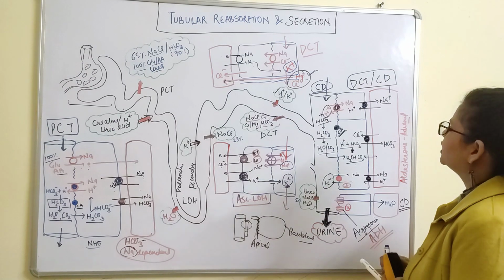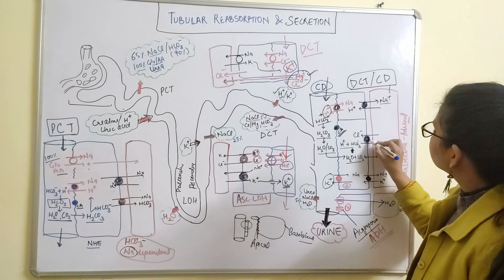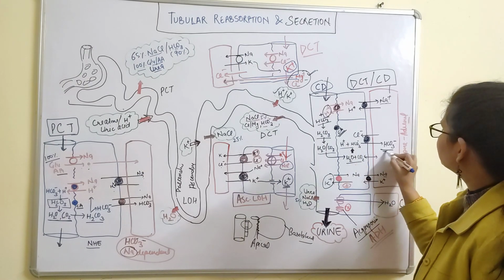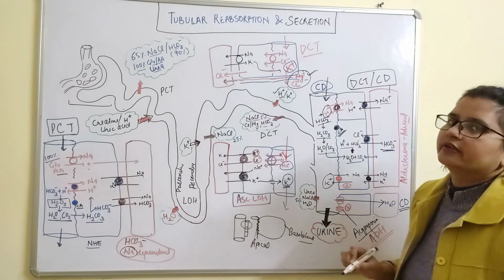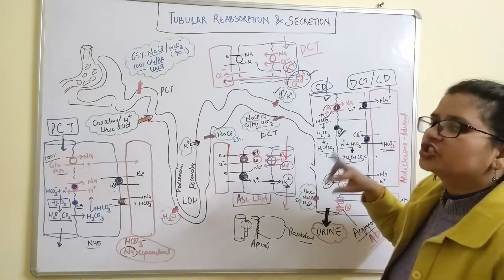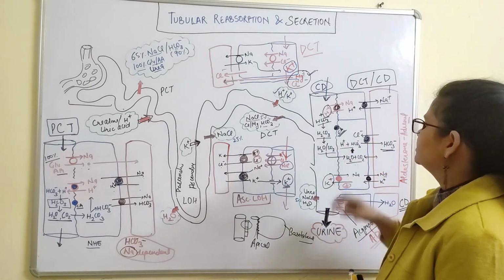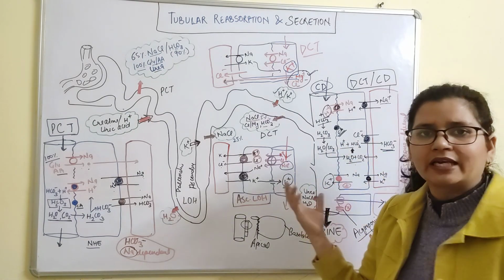This bicarbonate is really important. Bicarbonate is reabsorbed into the vessel with the help of chloride. This is called the chloride bicarbonate exchanger. So here chloride is secreted into the cell.